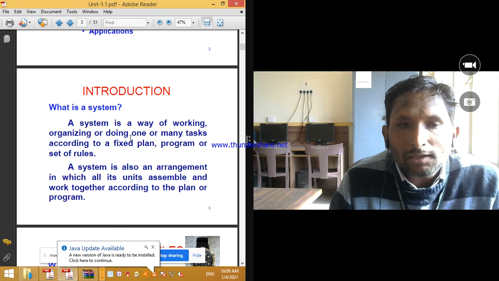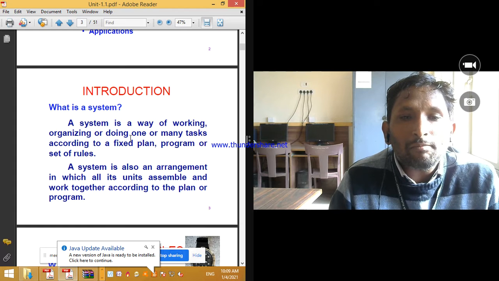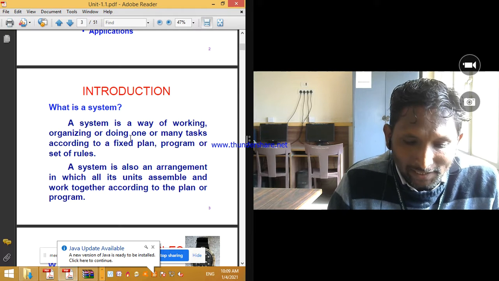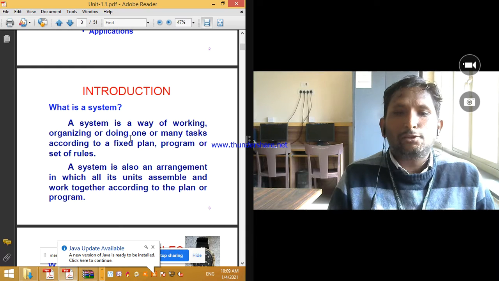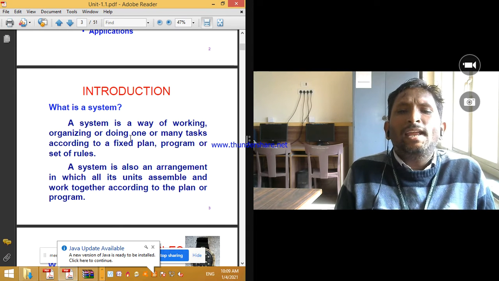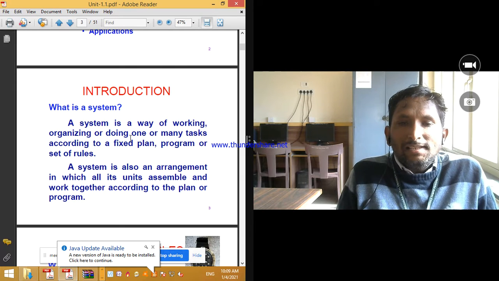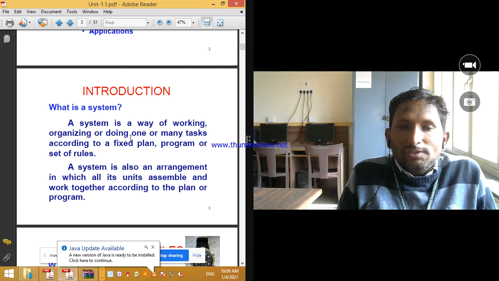What this definition is telling is that a system is a way of working, organizing or doing one or many tasks according to a fixed plan. Means in a general purpose operating system there is no fixed plan to operate any work or any execution. Here in an embedded system, the system works according to the fixed plan.